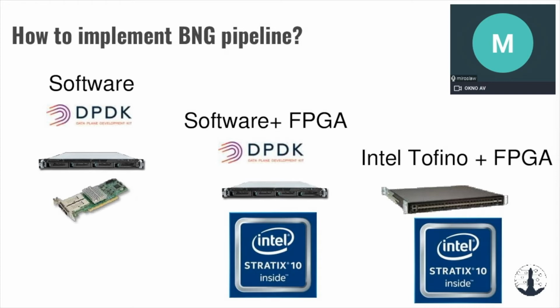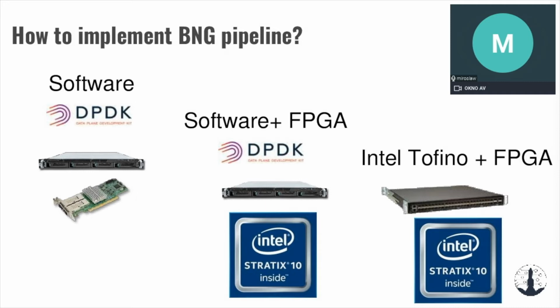This is the simplest way of building it, and many people are doing this because it provides flexibility. But some people want to use an FPGA, where we can have software plus the FPGA, and we can put some parts of the pipeline in the FPGA.